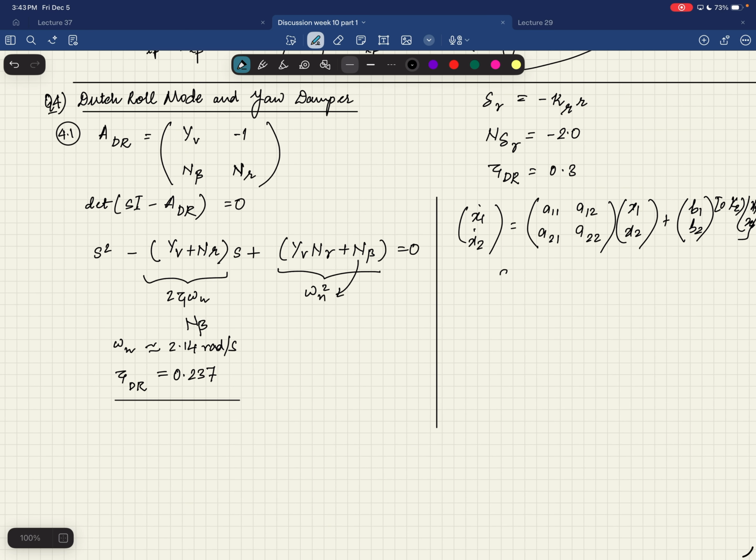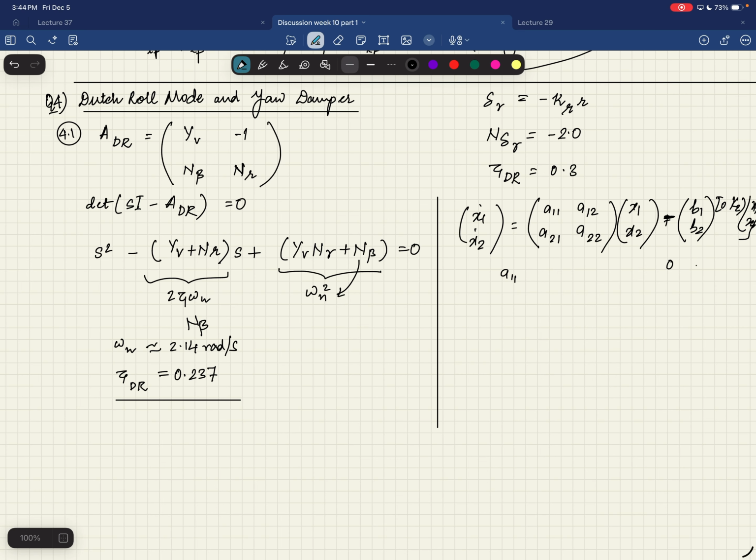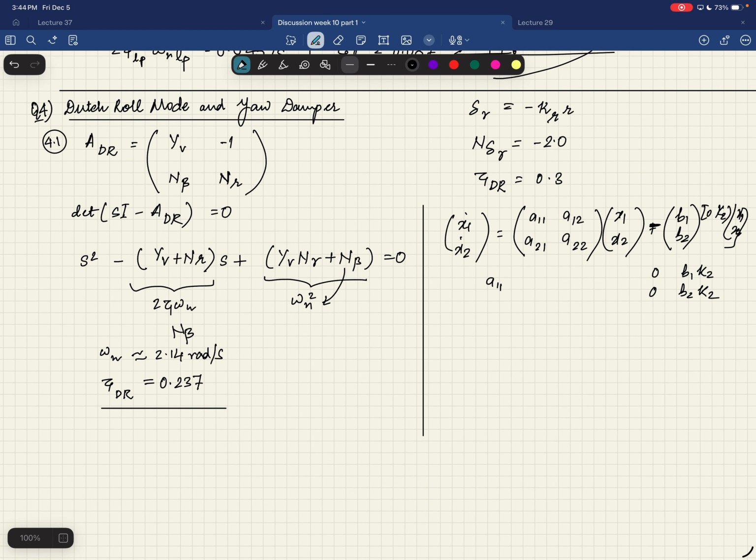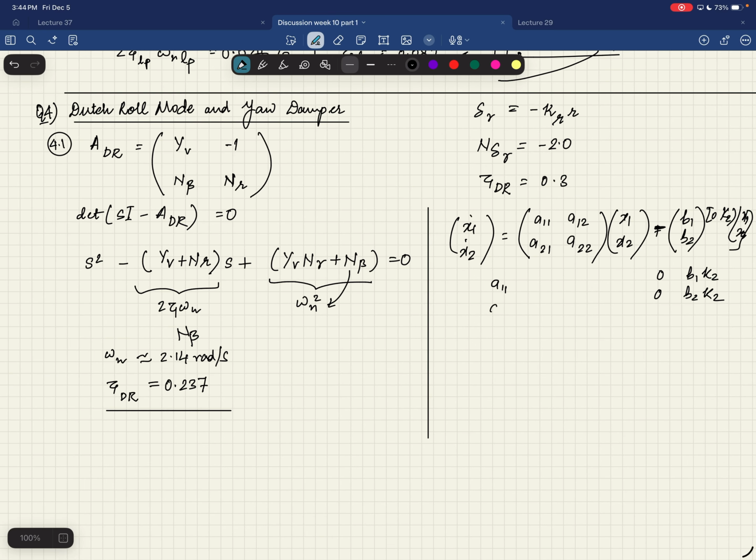You are going to get a11, and this would be a minus a11, so this would be 0, b1 k2, 0, b2 k2. Which two terms are getting affected? Is a11 getting affected? Is a21 getting affected? Have I done the matrix multiplication correctly?